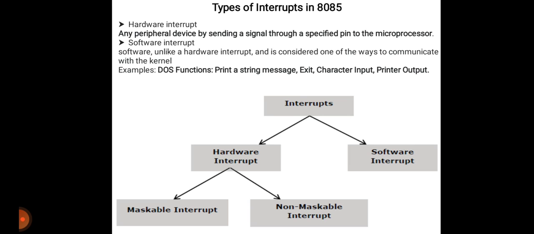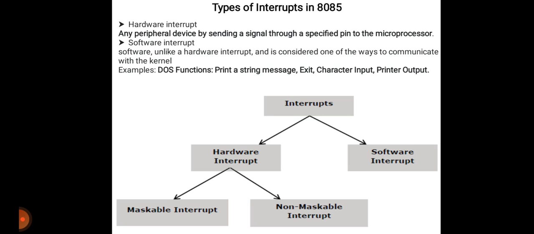The 8085 has a multi-level interrupt system. It supports two types of interrupts, that is hardware and software. Hardware means some of the pins of 8085 allow a peripheral device to interrupt the main program for input and output operations.